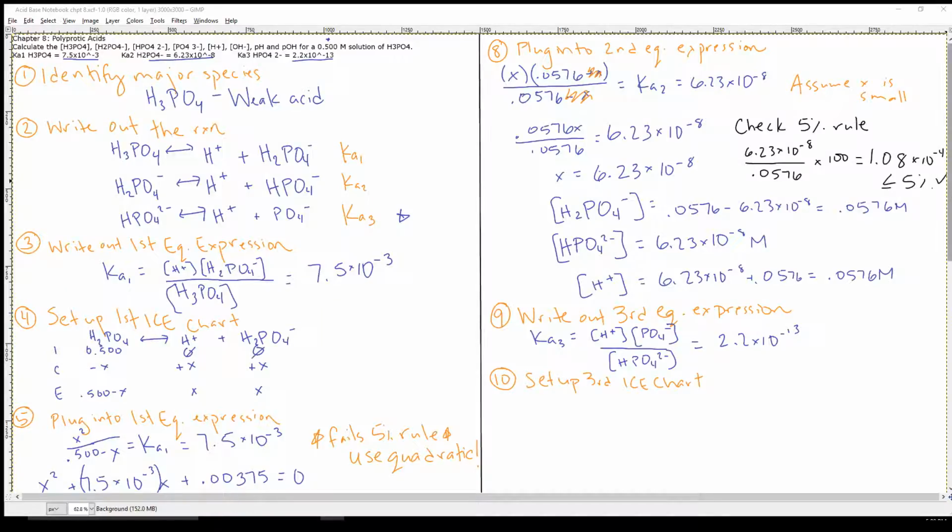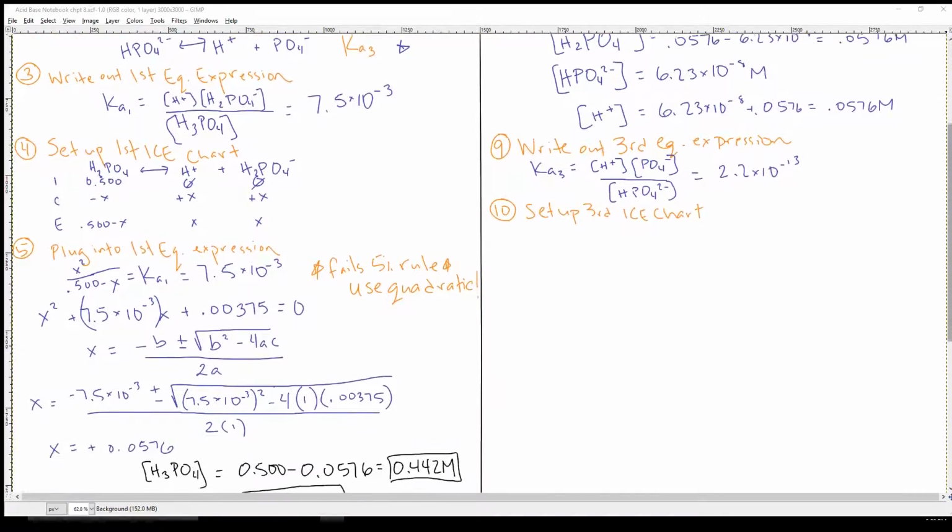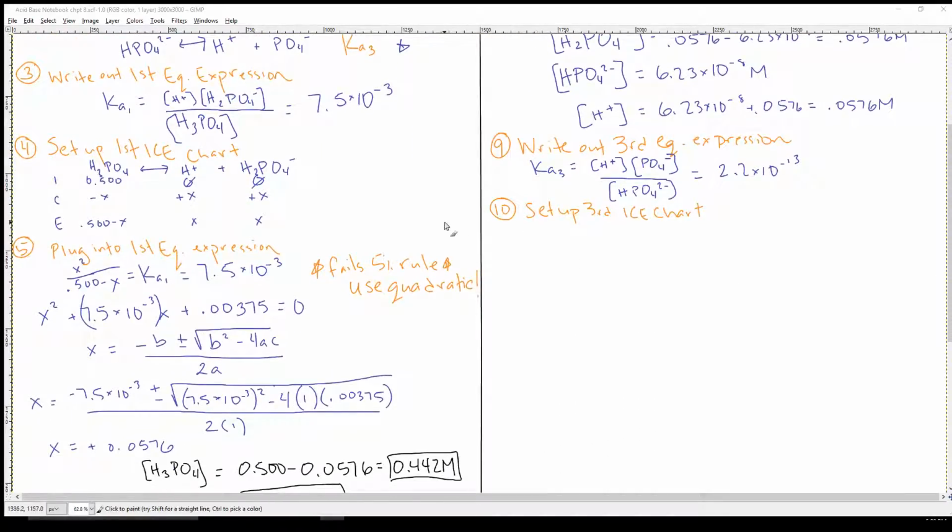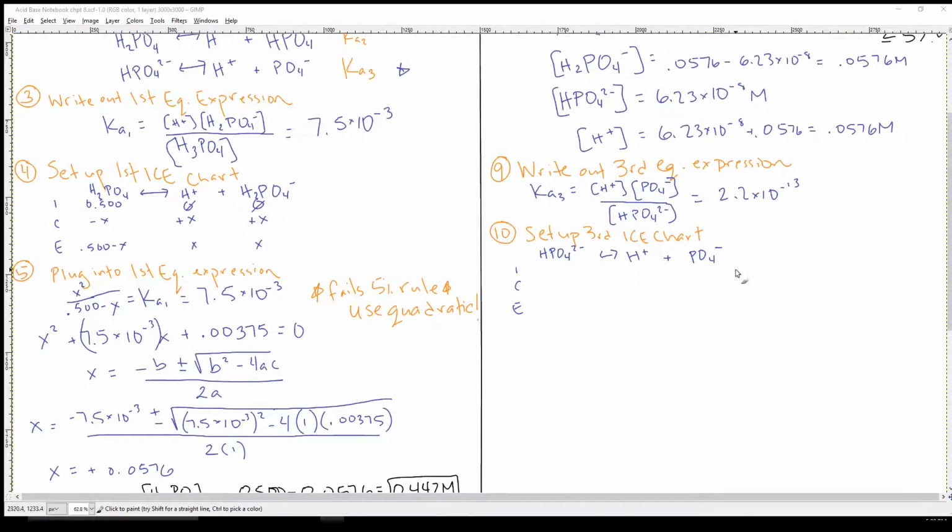Okay, I have to scroll down a little. ICE: HPO4 2 minus, H plus, PO4 3 minus. All right, so my initial concentrations, you need to look at the previous problem to get them.